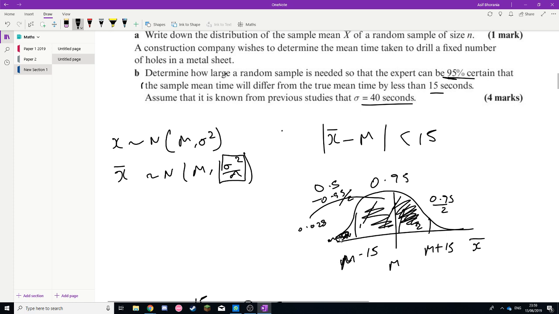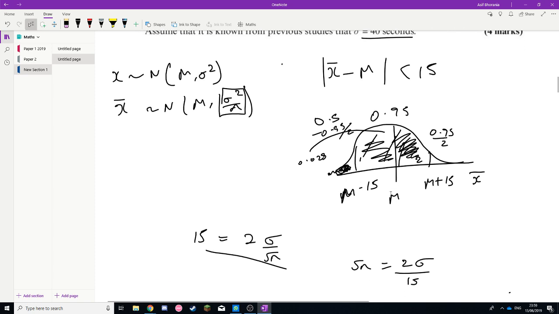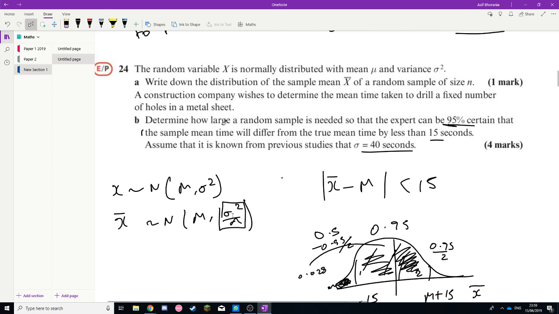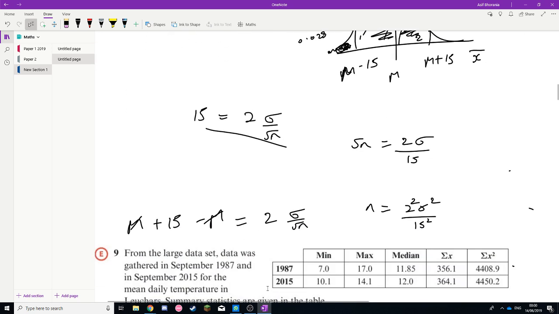Once you have this area, you can do the inverse normal on a standard normal to get the z value, and then express it in terms of x using z equals x minus mu over the standard deviation, which is the square root of sigma squared over n. I think that's the method they're doing.